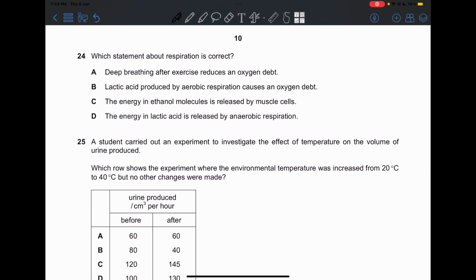Deep breathing after exercise reduces an oxygen debt. Now this is actually correct information, because deep breathing will increase the oxygen in the blood, because you're taking oxygen from the atmosphere, and the lactic acid will be aerobically respired in the liver to remove the oxygen debt. So our answer will be A.